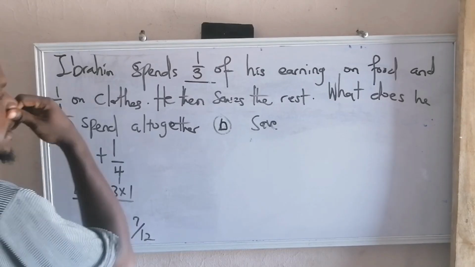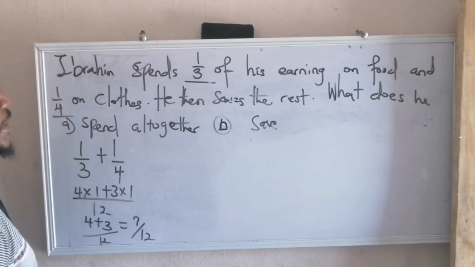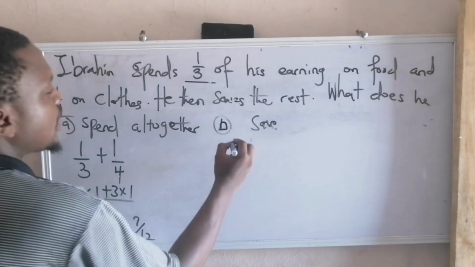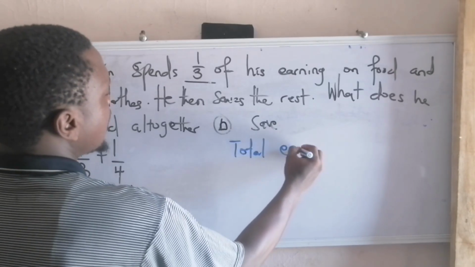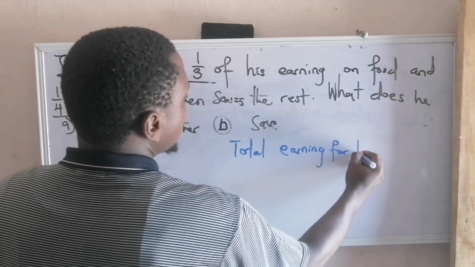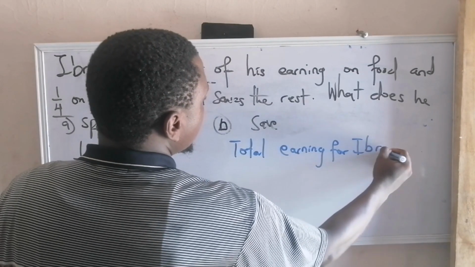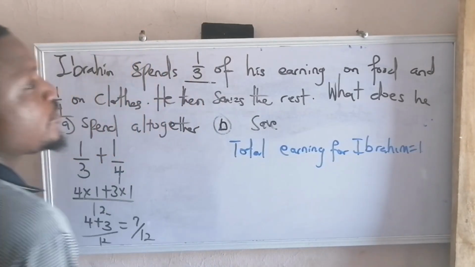And question B says that we should find the amount that Ibrahim was able to save. To get that, we are going to assume that the total earning for Ibrahim is 1.